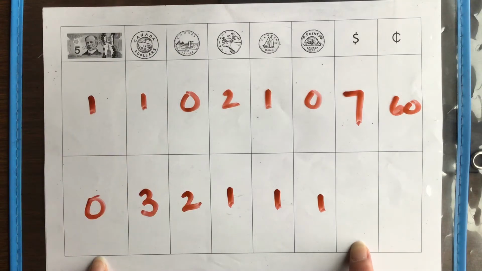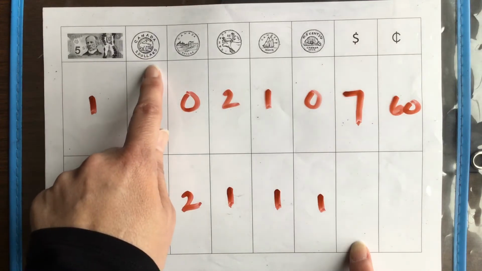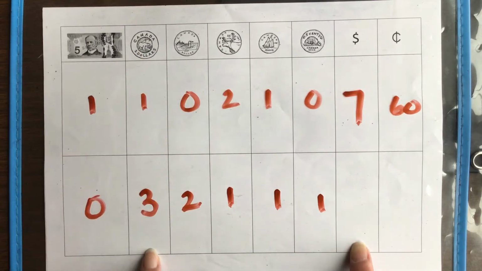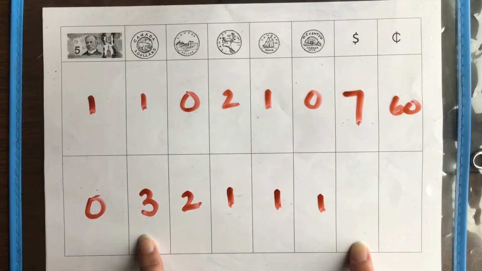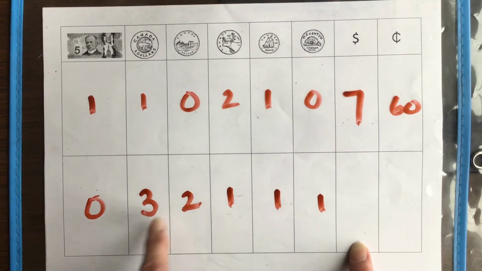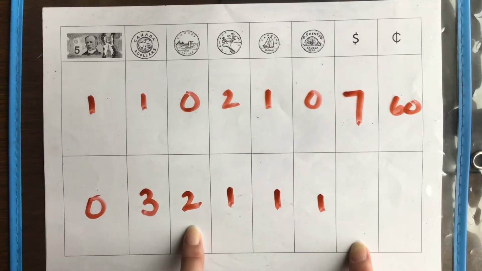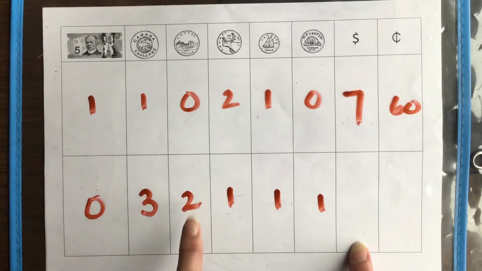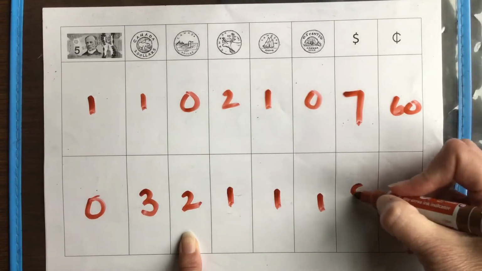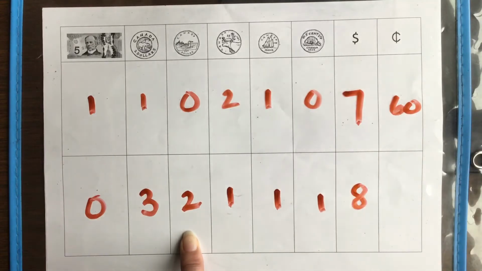So currently I'm still at 0. I have 3 toonies. What does 3 toonies equal? 2, 4, 6. I have $6 so far. I have 2 loonies, so I'm going to count each one. So I had $6, 7, 8. In total, I have $8.